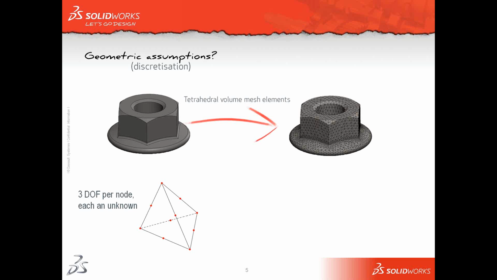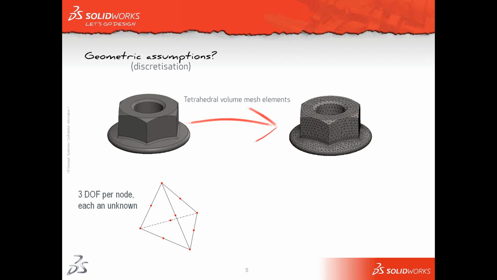If we are going to determine the results for each of those 3 degrees of freedom at each node, hopefully you'll appreciate that with 4 main nodes on an element, each having 3 degrees of freedom, that's 12 degrees of freedom, which each serves almost as an unknown in a set of simultaneous equations. So for instance here we'd have 12 simultaneous equations to determine the stresses and strains in this element.